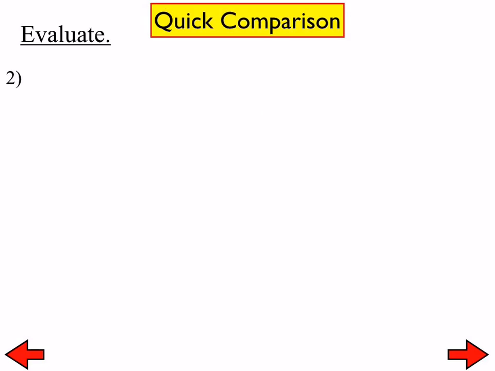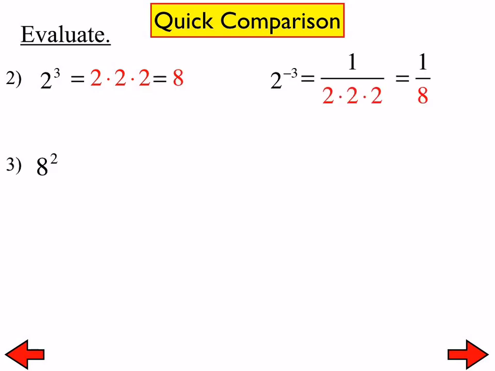I would like all of you to do 2 through 5. All right, so here's what you should have come up with. Number 2 is 8. 2 to the negative 3 power is 1/8. Number 3, 8 to the 2nd is 64, but 8 to the negative 2 power is 1 over 64.